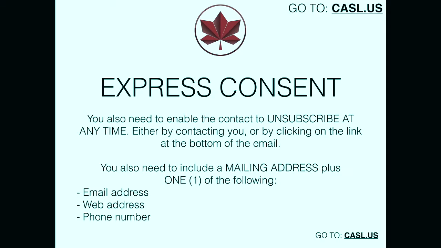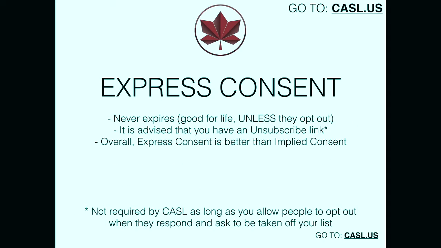You can have all three, but you only need to have one of these three in order to be compliant with CASL. Your email address, your web address, and your phone number. Boom, boom, boom, boom. 1, 2, 3. Pick one of those. Include it along with your information on how to unsubscribe, and you will have express consent every time you send that kind of an email.